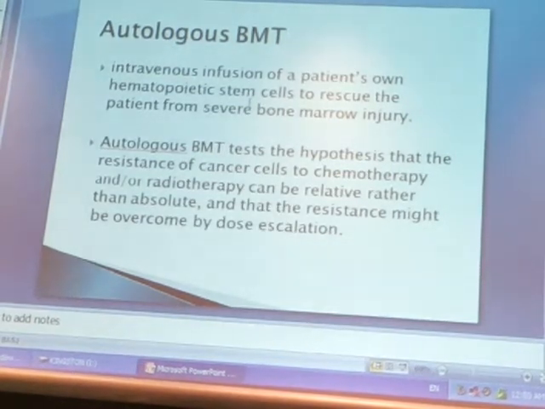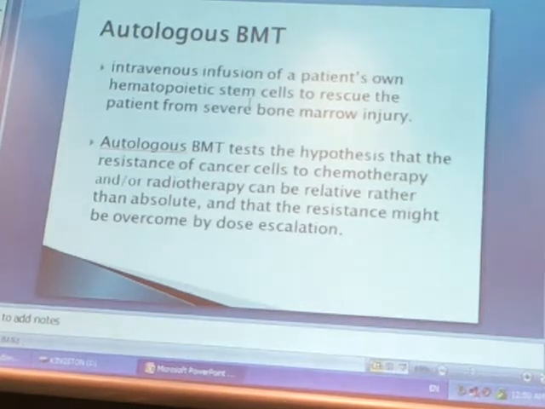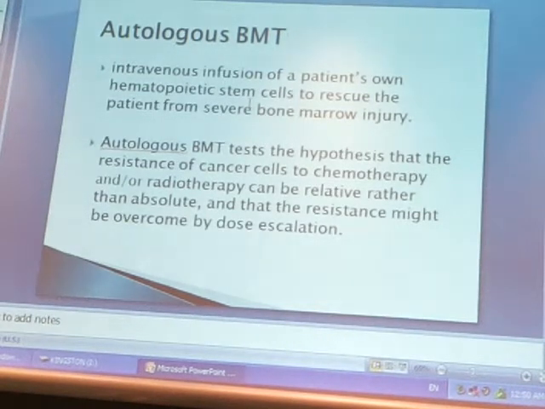Okay, in oncology, we use chemotherapy, right? We just treat malignancies, especially hematological malignancy, with chemotherapy, right? Some malignancies, you cannot control the disease with just regular doses of chemotherapy. You need to give higher doses, very toxic doses of chemotherapy.